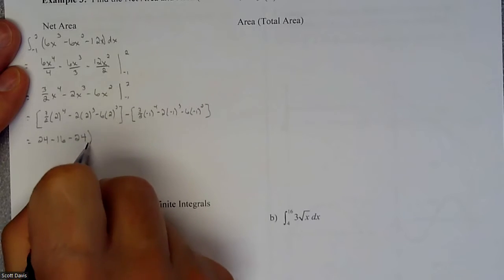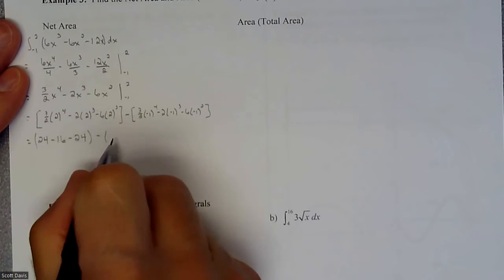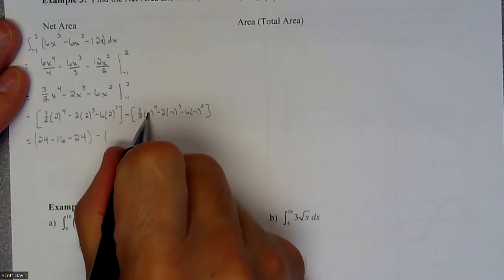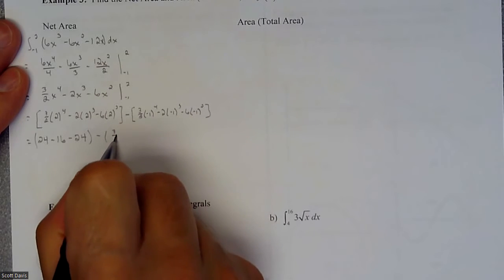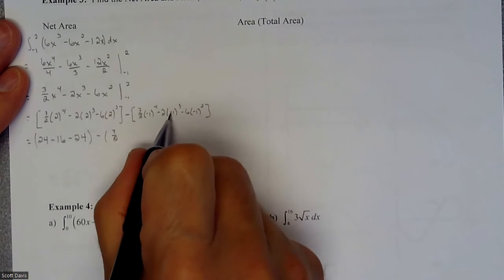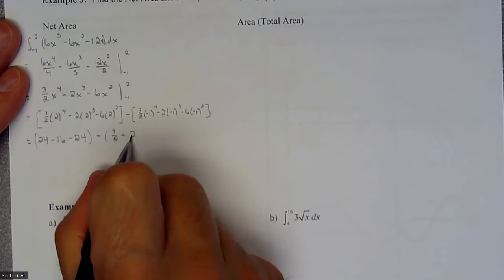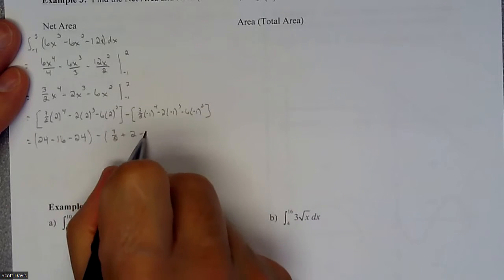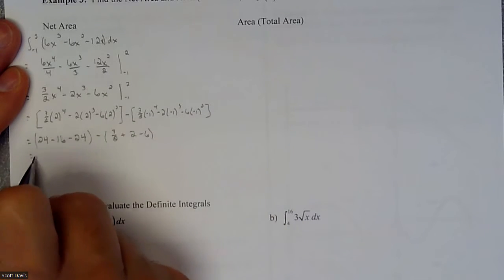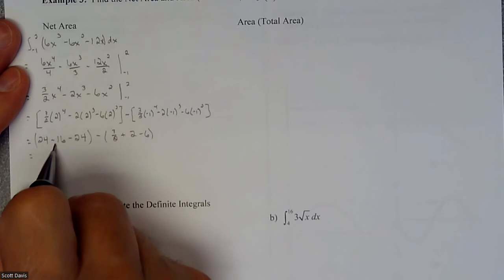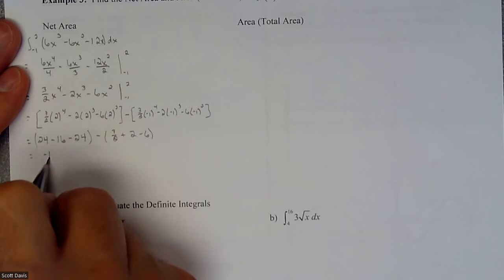All right, so there's the area of that chunk minus, this is going to be a positive 1, so 3/2. And then this is going to be a -1 times the -2, so we're going to be adding 2. And then minus 6.